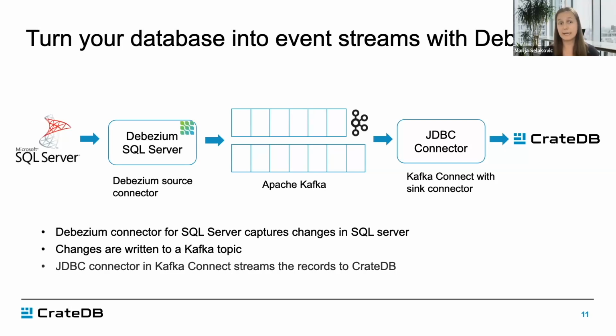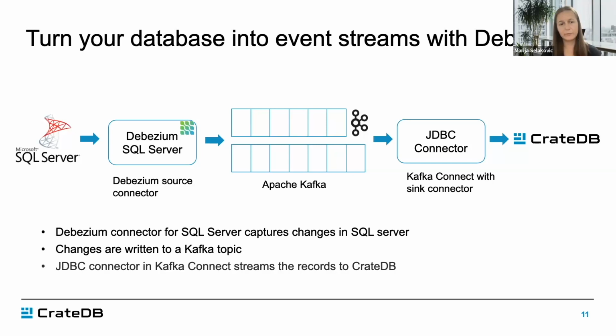Let's see how it works in practice on a simple example, and then we will see it with the real demo. Today, we will see how with Debezium you can capture changes that are happening on an instance of SQL Server. For this, we will use the Debezium source connector for SQL Server. All these captured changes are going to be written in Apache Kafka as a Kafka topic.